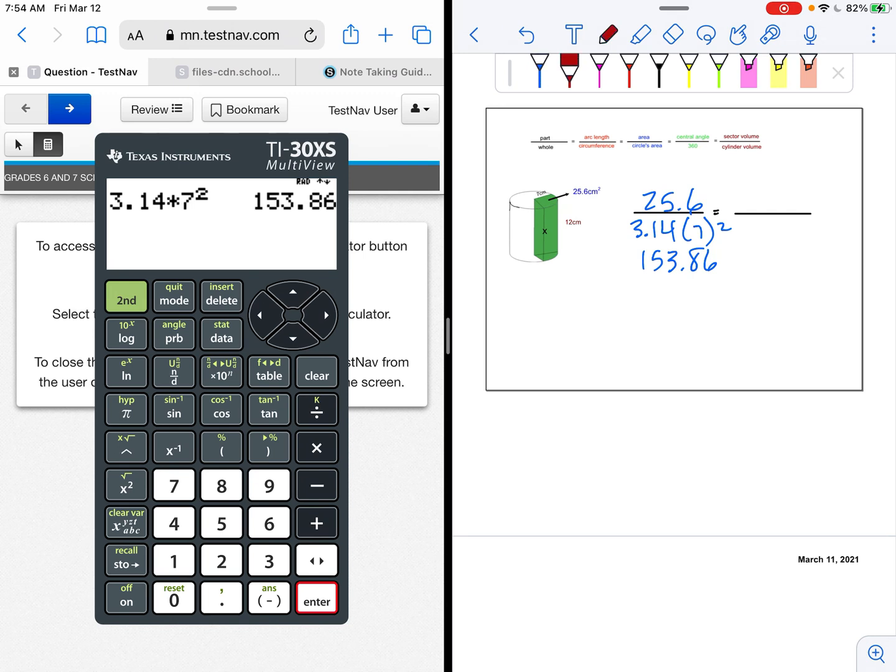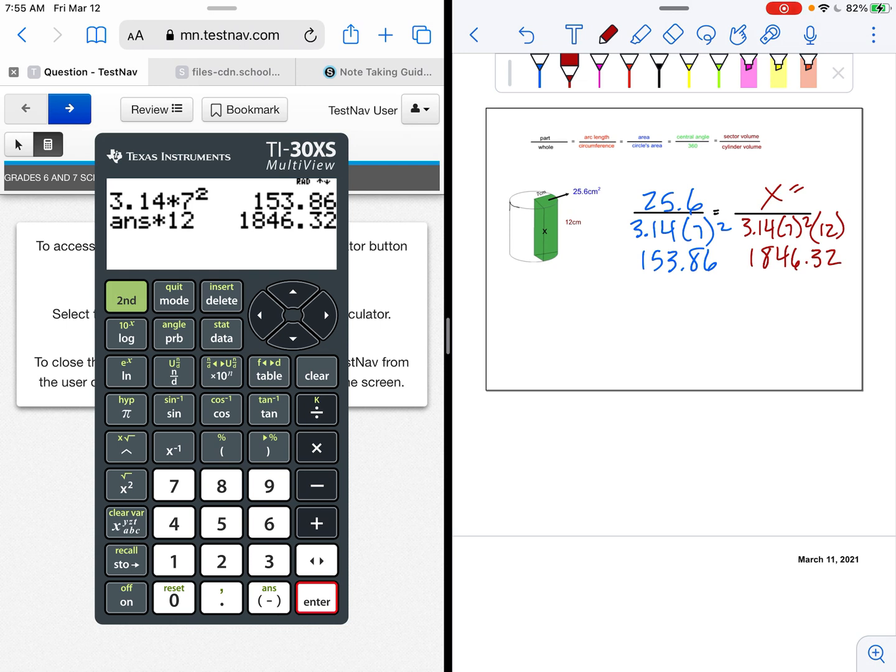We are looking for this, but I can also find the volume of the cylinder because I gave you enough information. Remember, it's 3.14 radius squared height. So on my calculator, I'm just going to take this and multiply it by 12. I get 1,846.32.